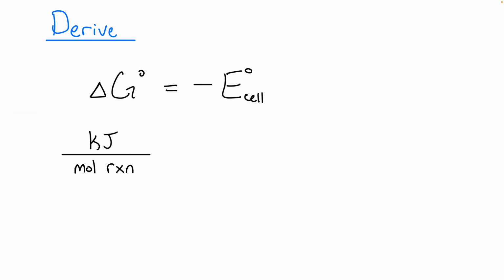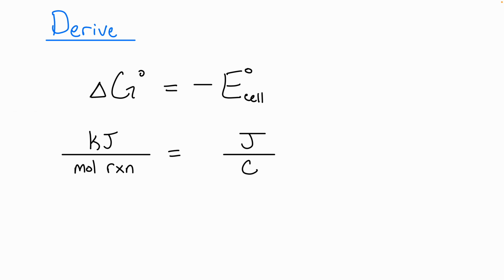And we know that our E naught cell is in joules per coulomb. We can get from joules to kilojoules pretty easily, but we've got a problem with our denominator here. Coulombs and moles of reaction are not the same.